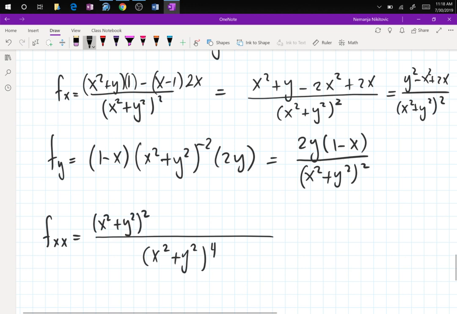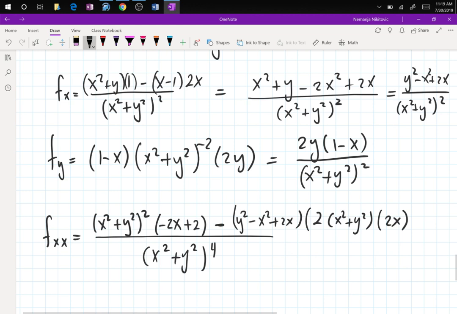Let's copy the denominator. The derivative of the top with respect to x is going to be negative 2x plus 2, minus copy the top, y squared minus x squared plus 2x, times the derivative of the denominator: 2 times x squared plus y squared to the 1st power times the derivative of that, 2x, as a chain rule.